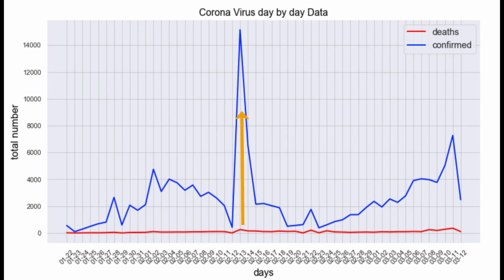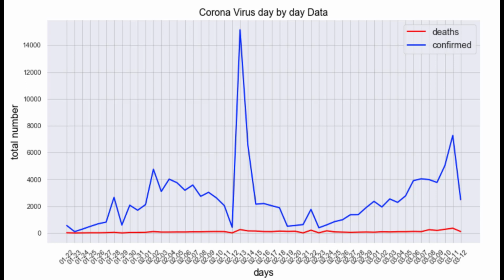And you see a very big jump, around 14,000 confirmed cases, which is very unfortunate, around the 11th of February. You see the number of deaths also jumped, but you cannot see it here properly because the line is too flat, because the number of people dying is less with respect to the number of infected people.